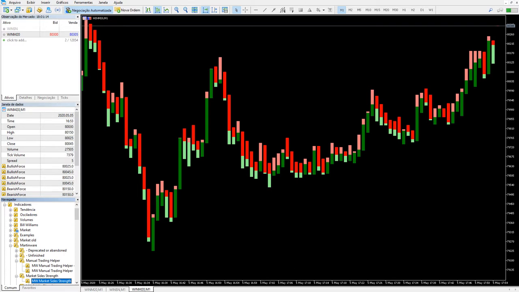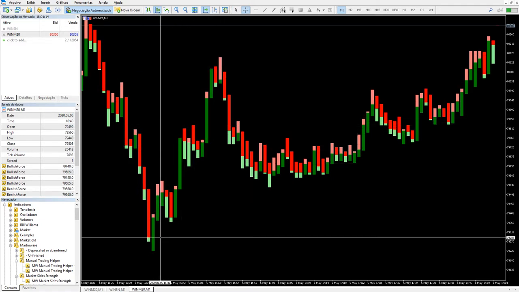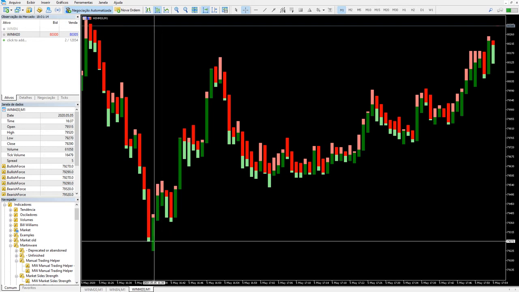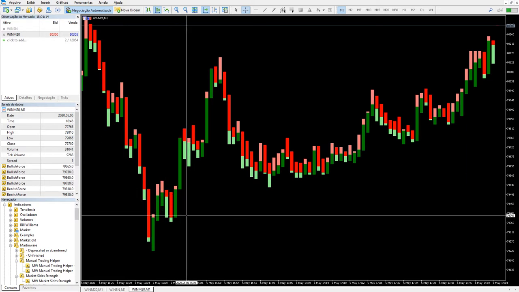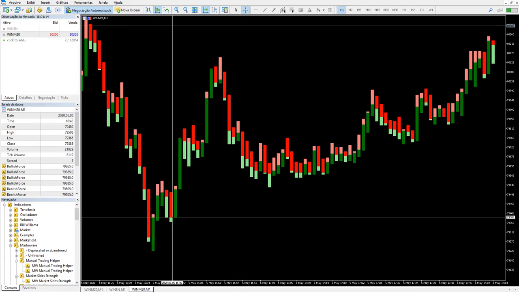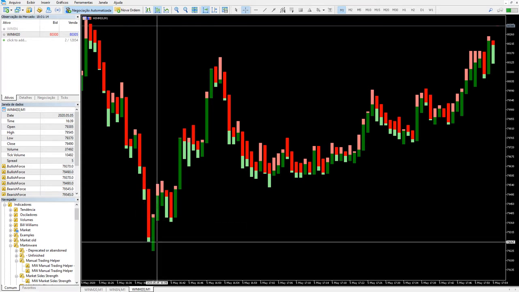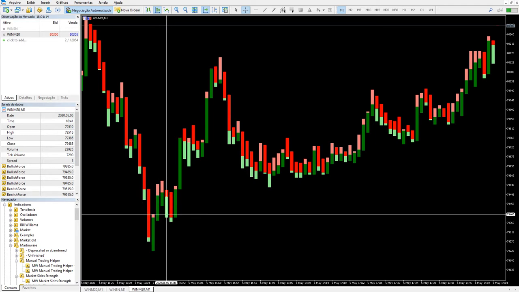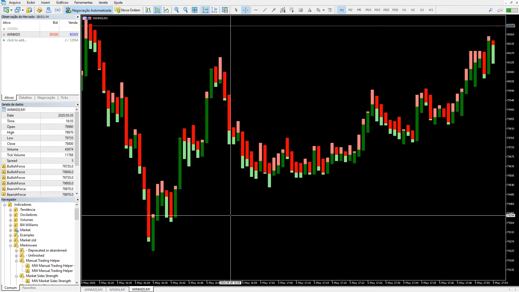So as you can see, in this uptrend the buyer's area is stronger, and the criteria to distinguish between the strong color and the weak color is the position of the closing price relative to the previous close. So in here, for example, we had a close superior to the previous close, so we have the strong buy color. Here we have the opposite, so we had a weak buy color.